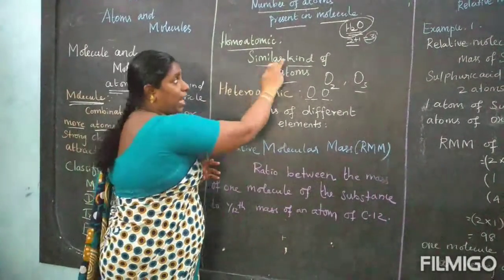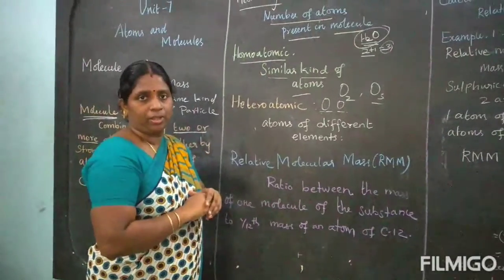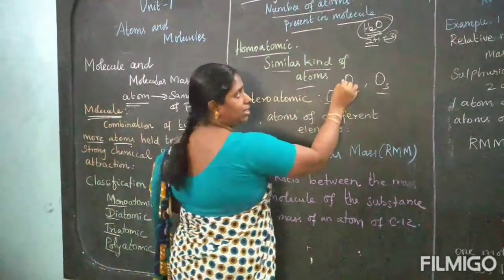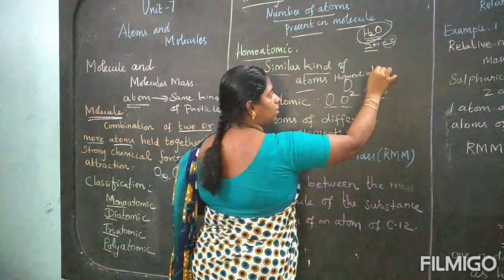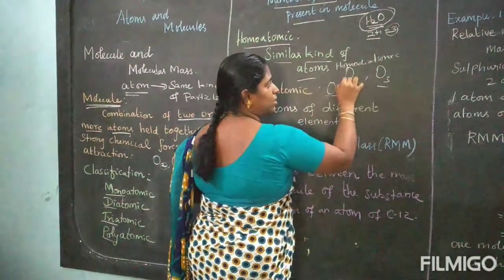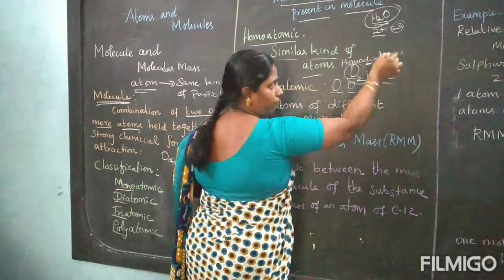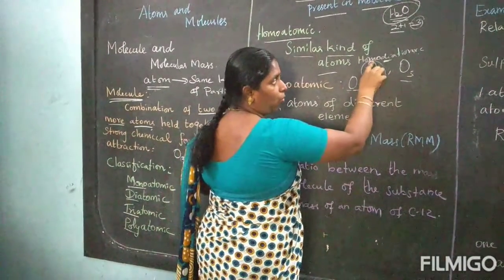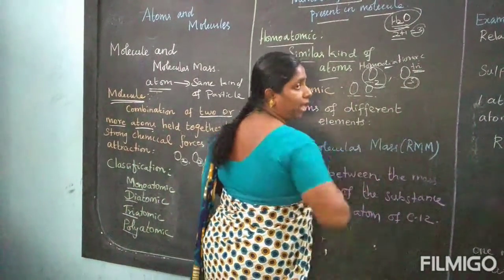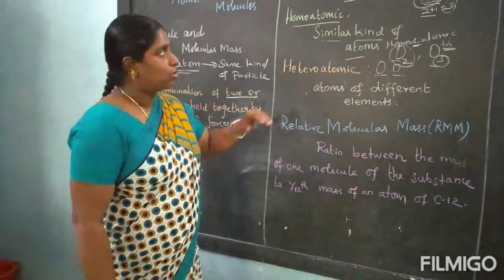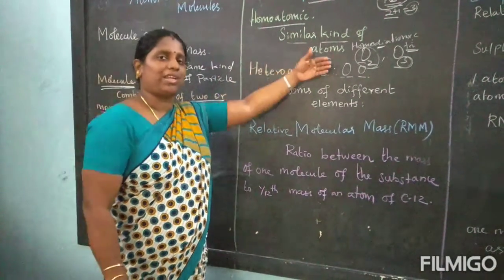How many oxygen atoms are present in O2? 2. So O2 is homodiatomic. Homotriatomic is O3: 3 atoms are present in a molecule. So these are the examples of homoatomic, homodiatomic, homotriatomic.